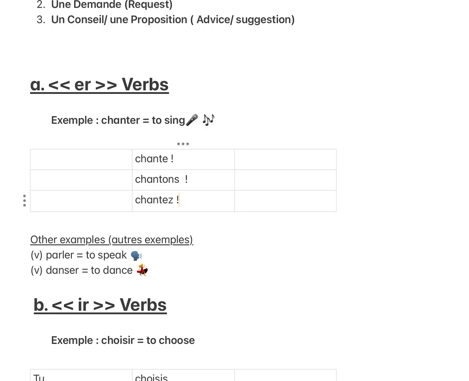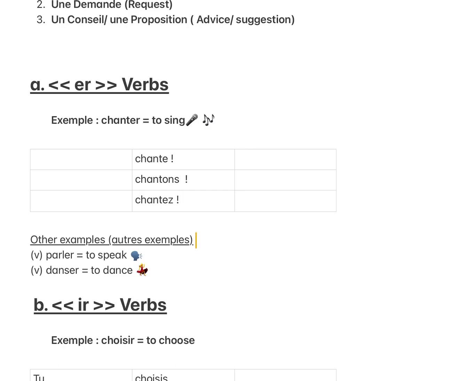So these steps that we just saw will be followed for making the imperative form for any regular ER verb, as long as it's not an exceptional verb.